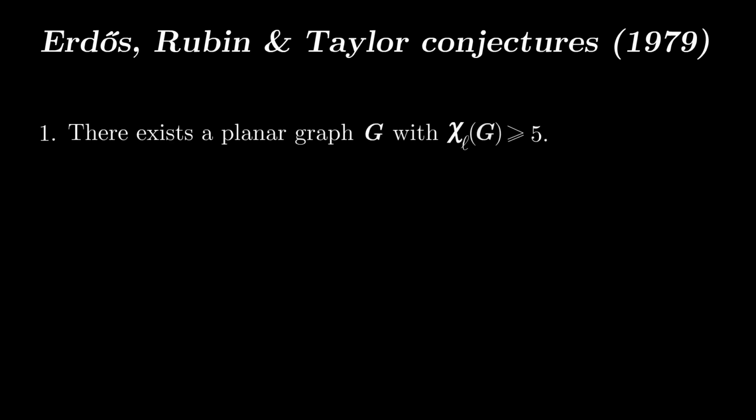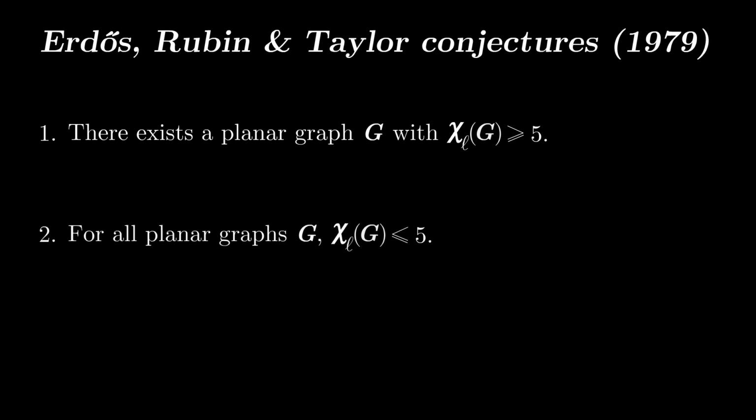The first one: there exists a planar graph with list chromatic number at least 5. That is, the four-color theorem does not hold for list coloring. But the second thing is that every planar graph has list chromatic number at most 5. So in fact, there is a 5-color theorem instead.